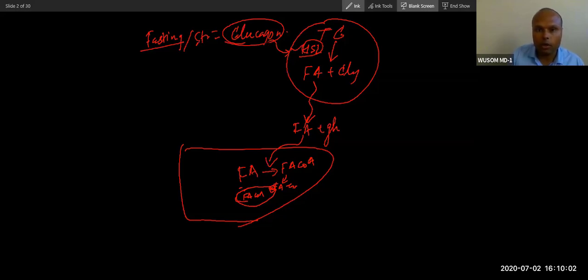First, because of glucagon, is the regulatory step at the adipocyte, and second is the transport of this fatty acid through the mitochondrial membrane.